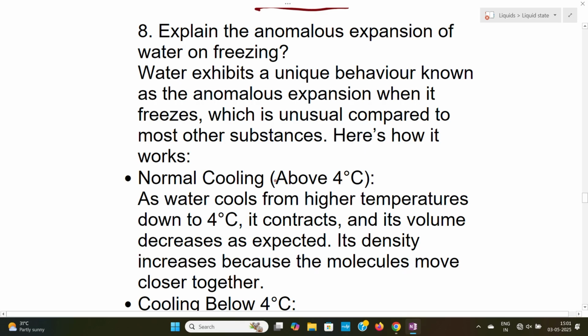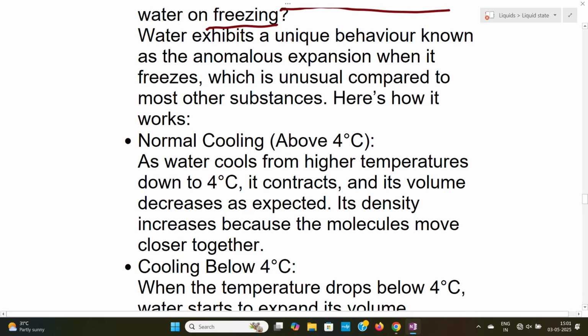Next question. Explain the anomalous expansion of water on freezing. Water exhibits a unique behavior known as the anomalous expansion when it freezes, which is unusual compared to most other substances.